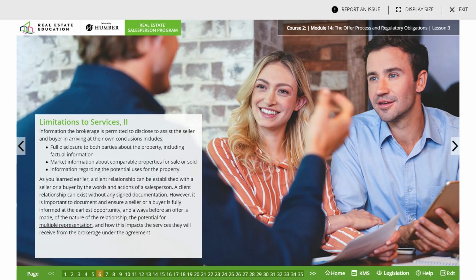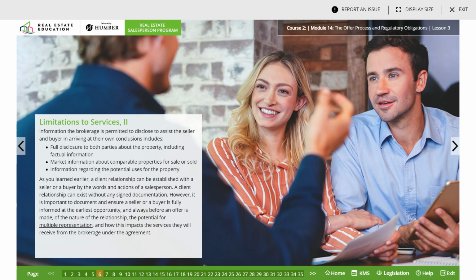Limitation of service. Information the brokerage is permitted to disclose. You are allowed to give full disclosure to both parties about the property, including factual information, market information about comparable properties for sale or sold, and information regarding the potential use of the property.